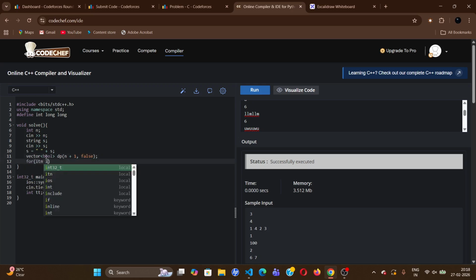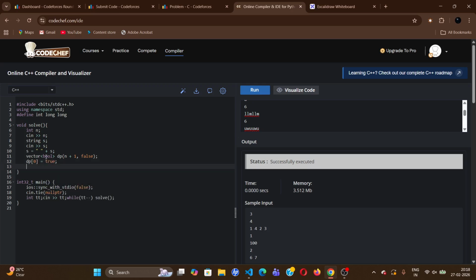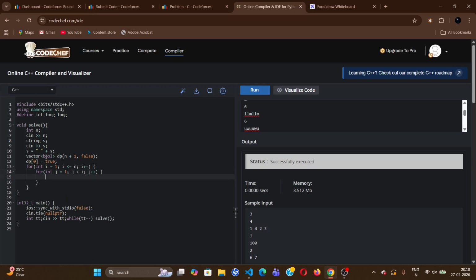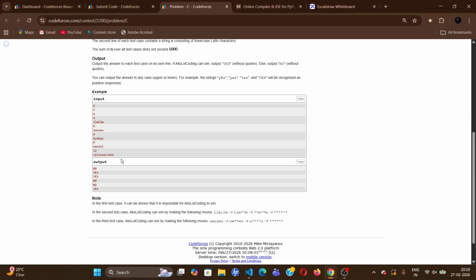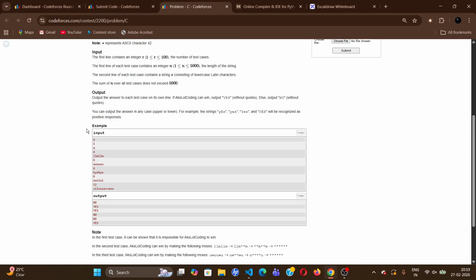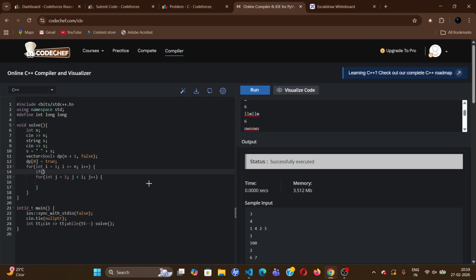Now, the base case. j will be from 1 to j less than i. Okay, now wait, it will not contain any star, right? Okay, in that case it is okay. Okay, we do not need this.